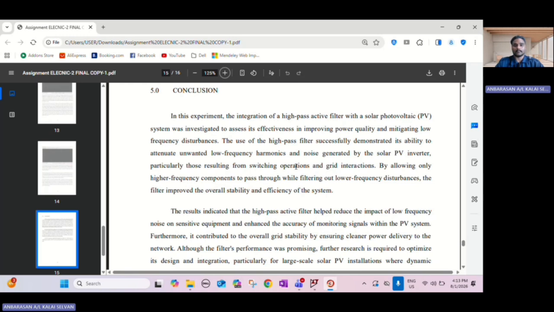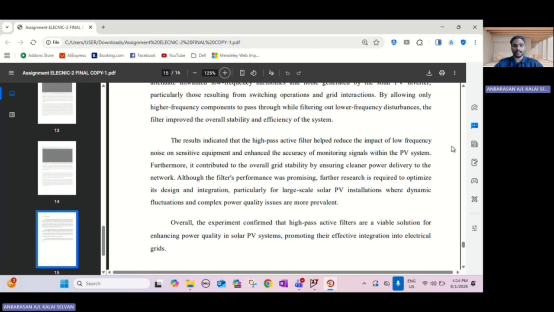The use of the high-pass filter successfully demonstrated its ability to attenuate unwanted low-frequency harmonics and noise generated by the solar PV inverter, particularly those resulting from switching operation and grid interaction. By allowing only higher frequency components to pass through while filtering out lower frequency disturbance, the filter improves the overall stability and efficiency of the system.